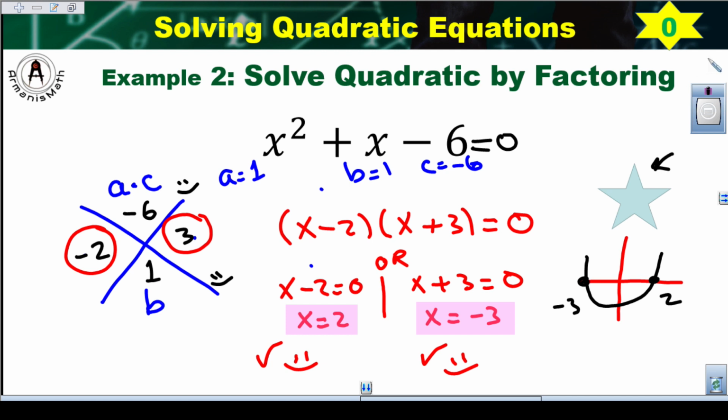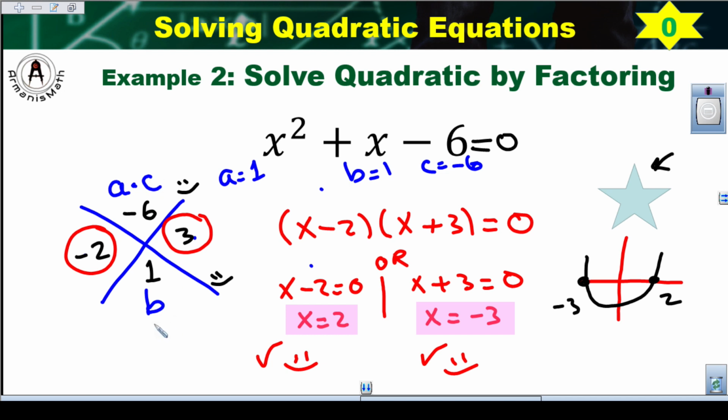All right. So what I did for this method again is something called the diamond or the big star, in which I have to label my coefficients. The a, which is next to the x squared, the b, which is next to the x, and then the c, which is the constant. I did myself a diamond. AC is at the top, just like air conditioning is at the top.